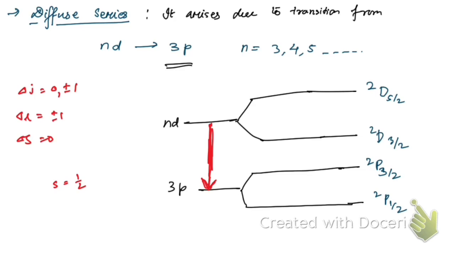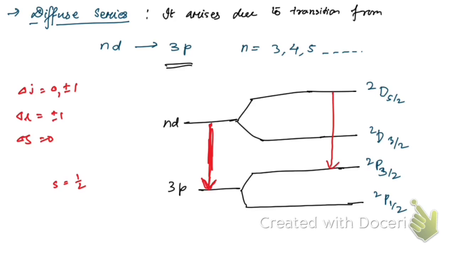So here you see, first let us take this level and this one. Here 5/2 and 3/2, if you subtract these two, you get 1. So ΔJ is plus minus 1. That means the transition between these two levels is allowed according to the selection rule.